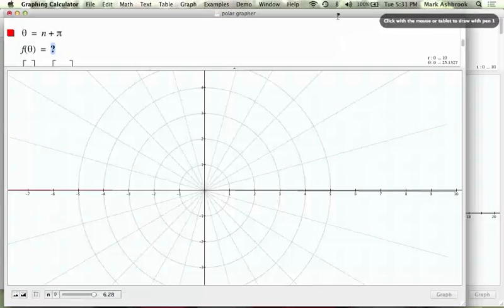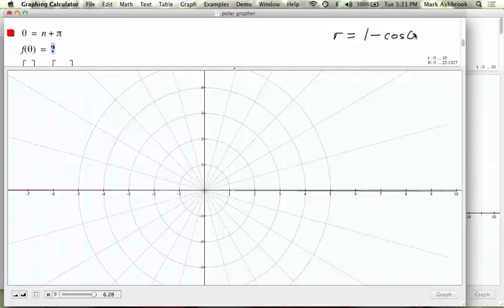Okay, what are we going to get here? So we need to graph like we did before. We're going to graph r as a function of theta in rectangular coordinates first.